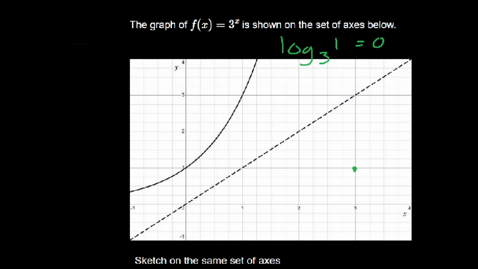Okay? So in that case, we can say when x is equal to 1, we're at 0. So now we've got this point here. Okay? And so that's important because that'll give us the trend of the graph here.